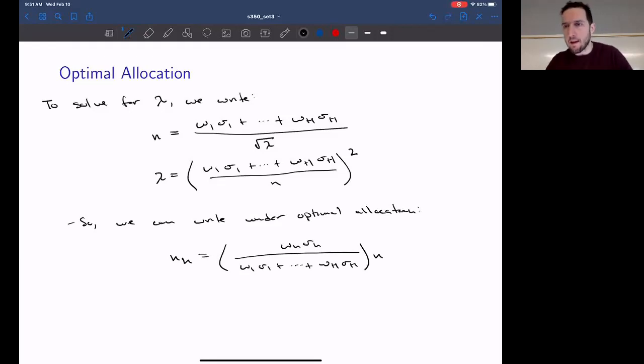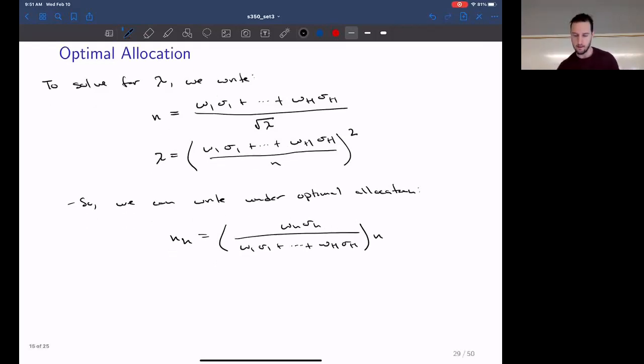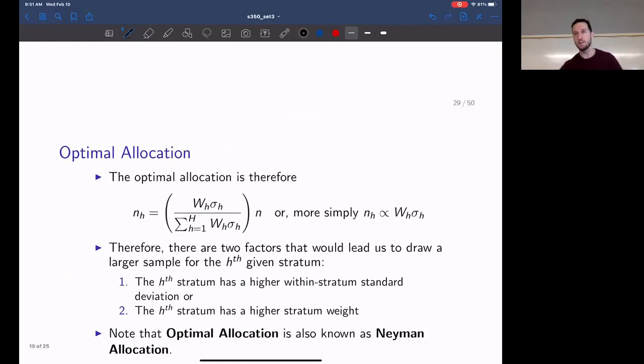So that is actually the last thing we need for the assignment too. Sorry, I went a little bit over time, but what we just went through is the derivation of how you arrive at the allocation formula that's utilized for optimal allocation.